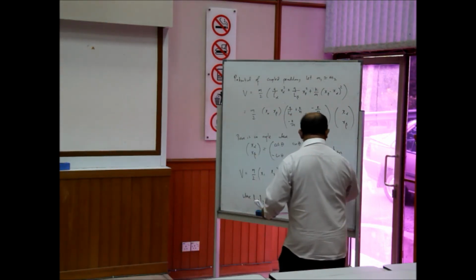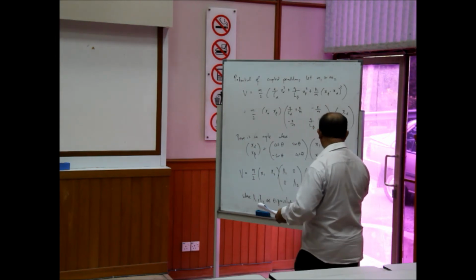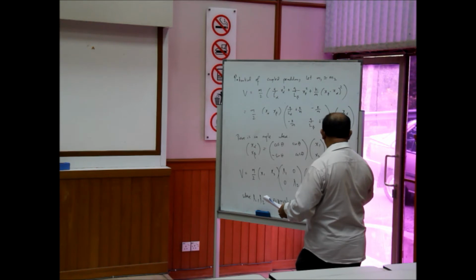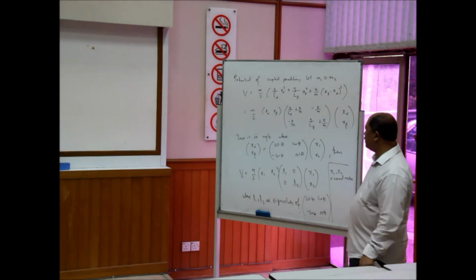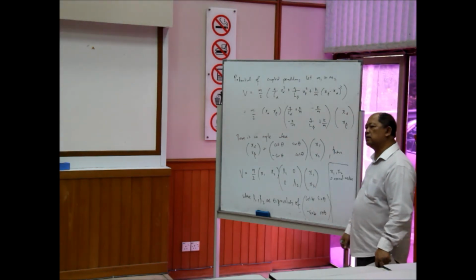So in this very brief analysis, x1, x2 can be called normal modes. Why normal modes? Because we can diagonalize.